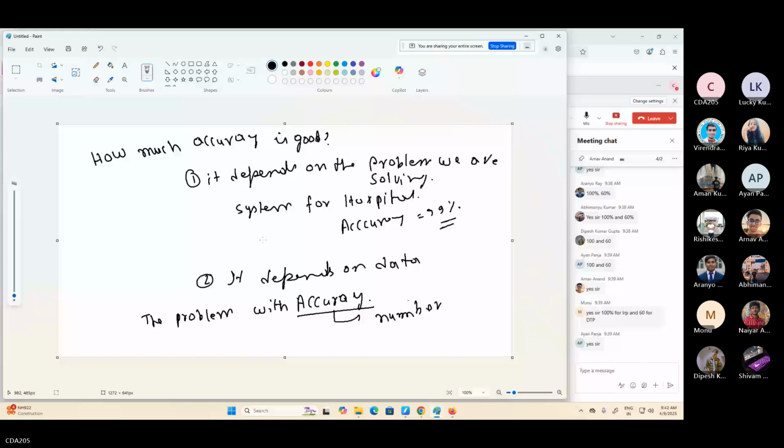If we say 90%, what does it mean? It is telling that 10% is wrong. But why it is wrong cannot be decided by the accuracy. Are you getting what I'm telling? It is just a number. I'm saying one model is predicting 90% accuracy.